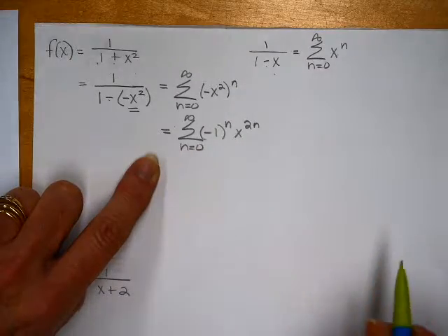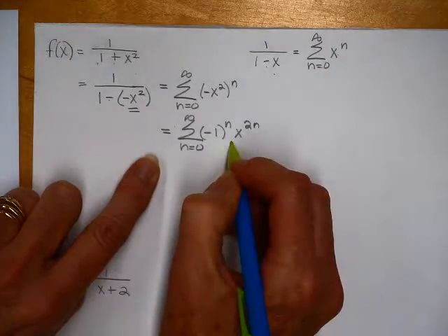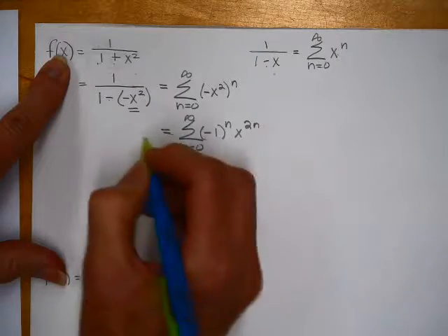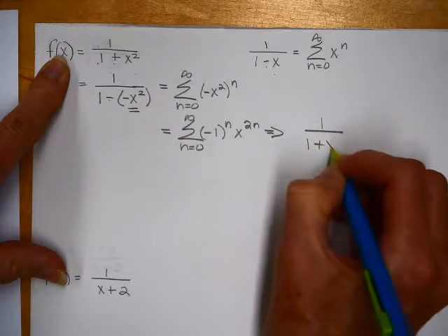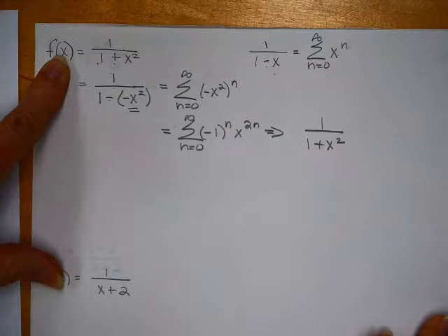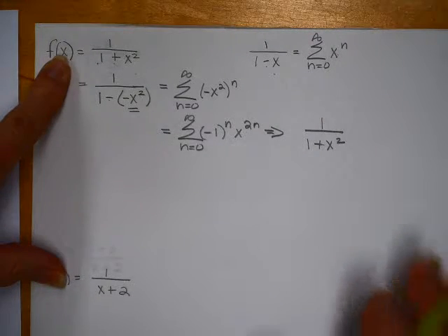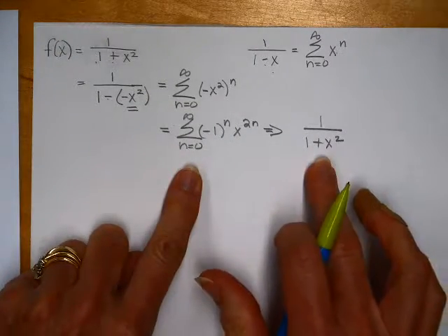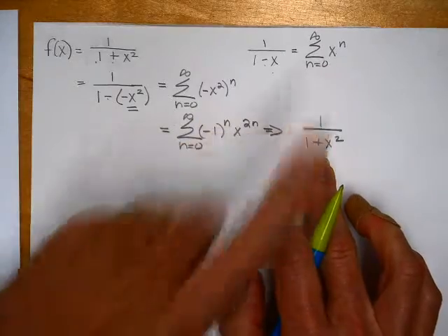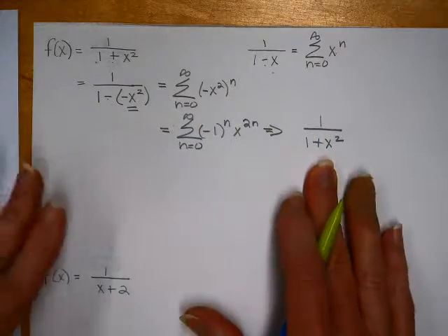You multiply those exponents. And this is the power series for our original function, which was 1 over 1 plus x squared. Okay? See what I did? I took this, I manipulated it so I could substitute into what I know.